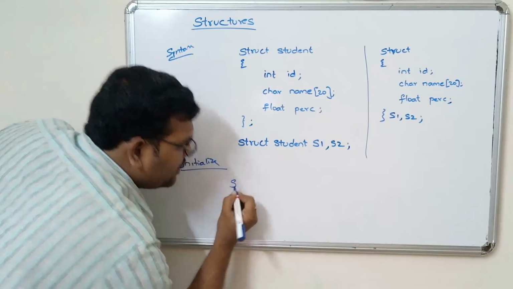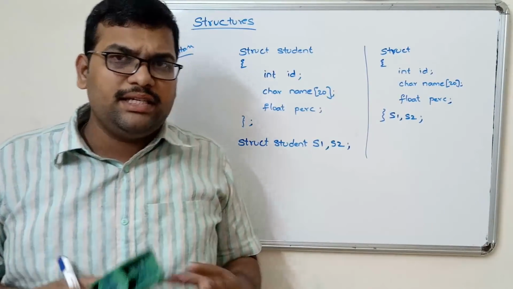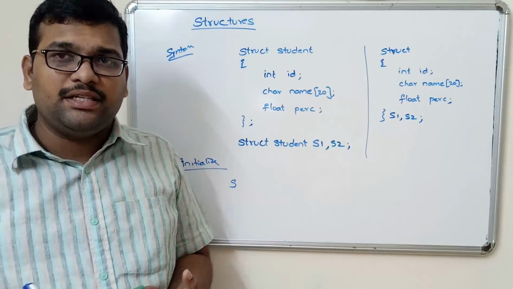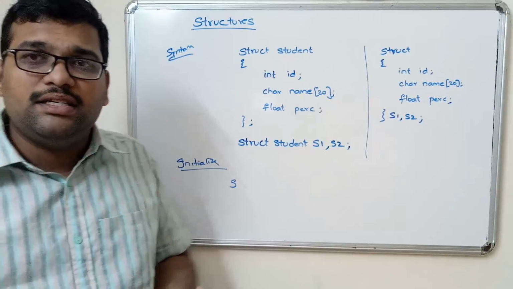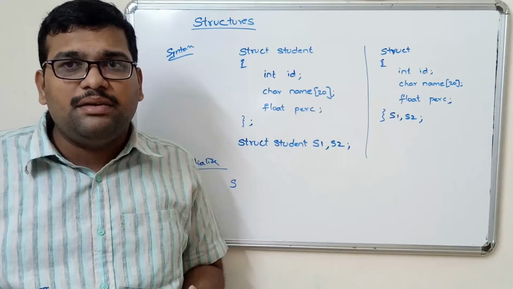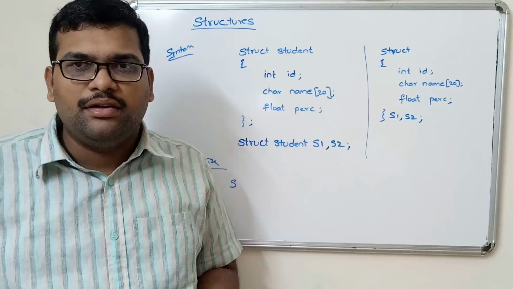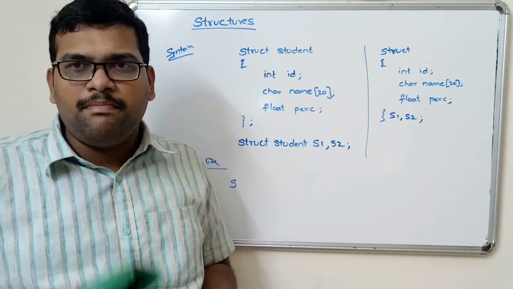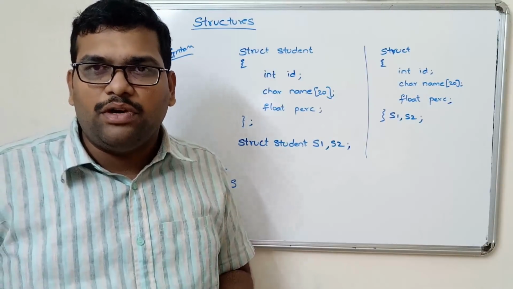Here we have seen initialization in two ways: one is compile time initialization and the other is runtime initialization. For runtime initialization, we will initialize the structure variables using the scanf function, that we know. In compile time initialization, we will use the assignment operator, that is equal to.